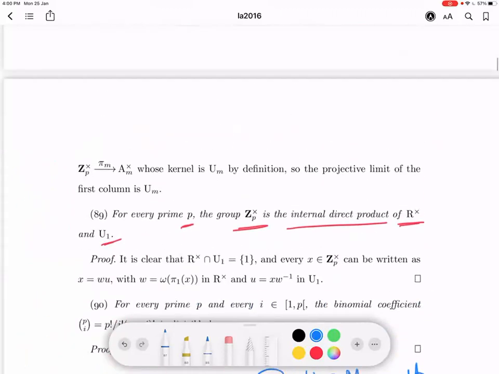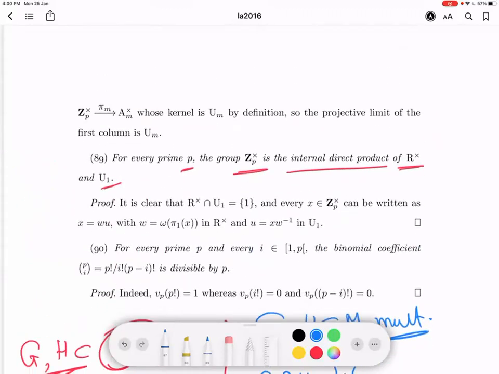Okay, so now I have this group Z_p star, and I have two subgroups R star and U1.